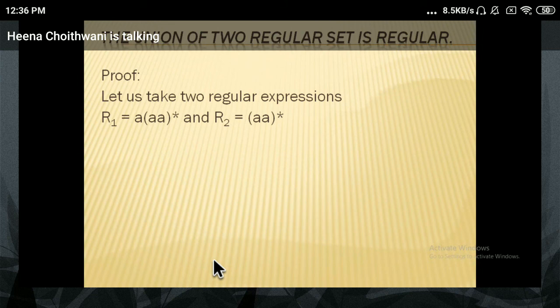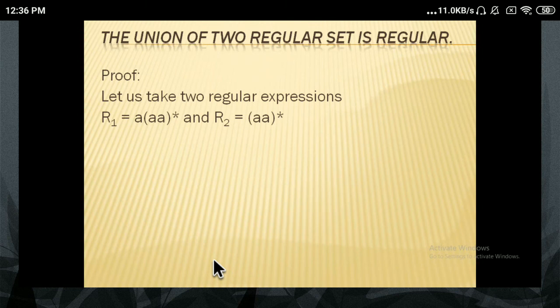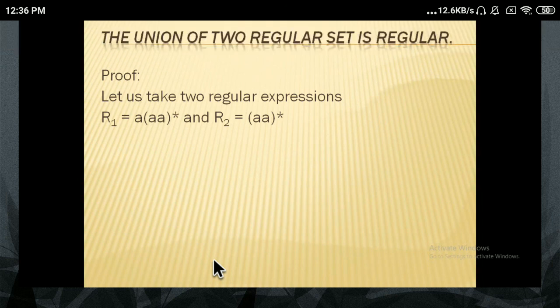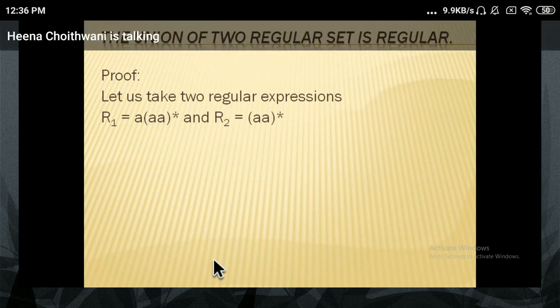Can you tell me which kind of strings will be in my set R1? At least tell me the first string in R1. Meenakshi is saying A. If you take a star closure of AA, the strings will be epsilon, double A, 4 times A, 6 times A, and so on.